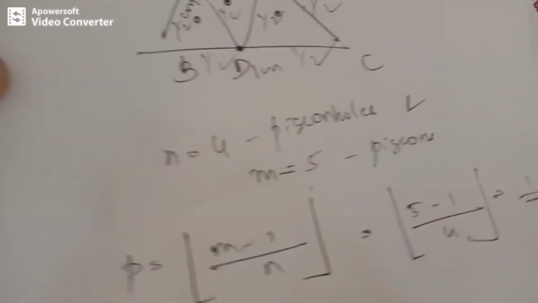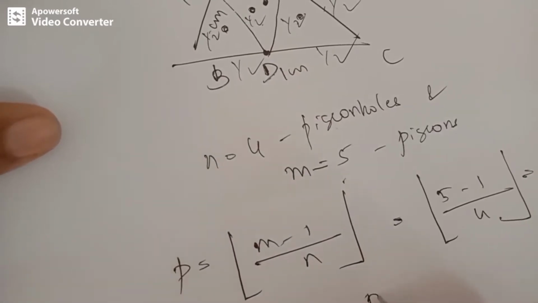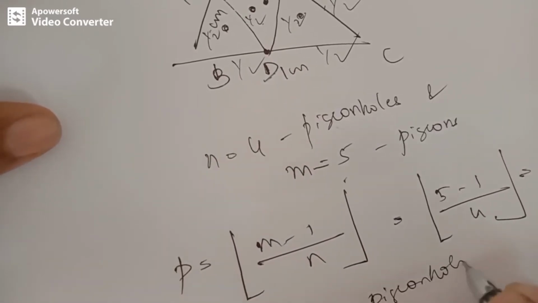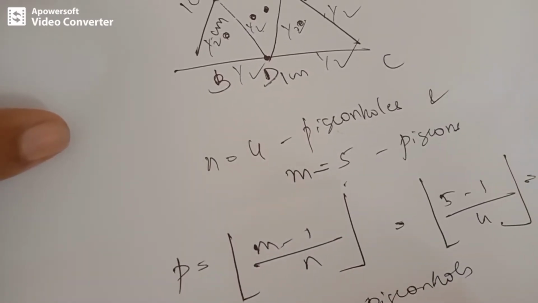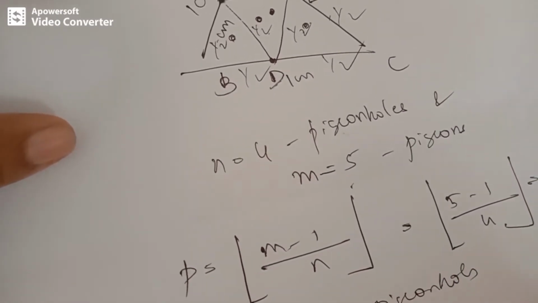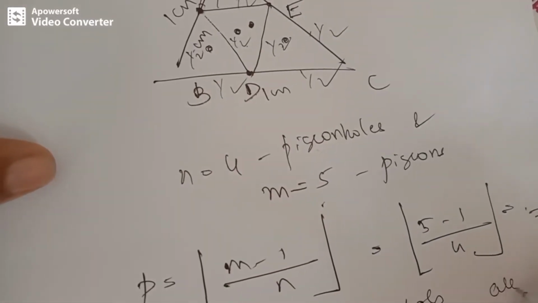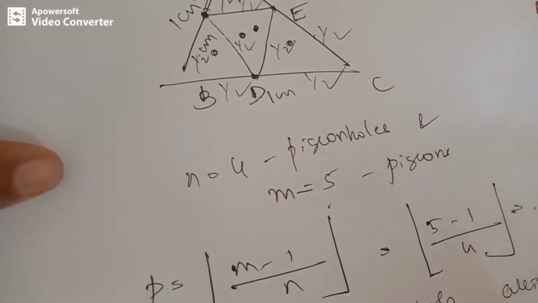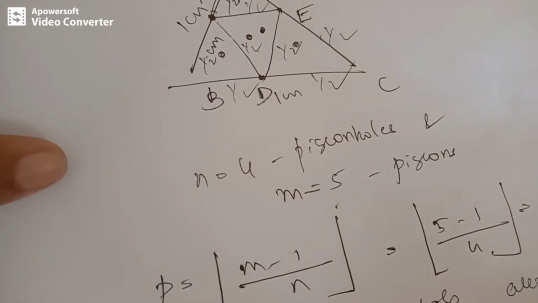According to the pigeonhole principle, if 5 points occupy these 4 triangles, which are the pigeonholes, then at least one pigeonhole will have p plus 1 or more pigeons.